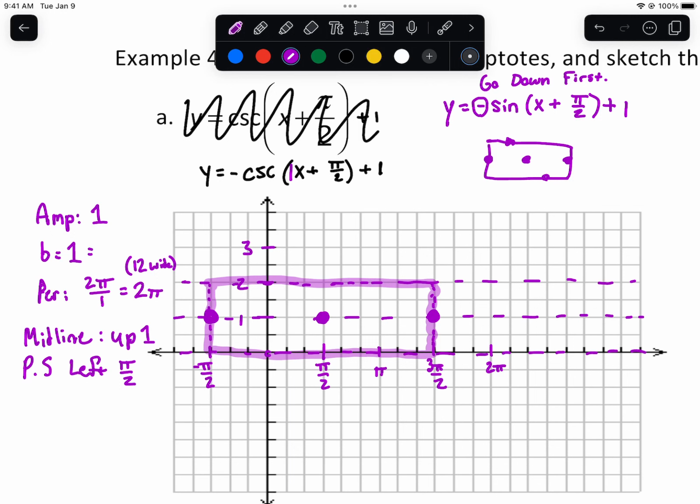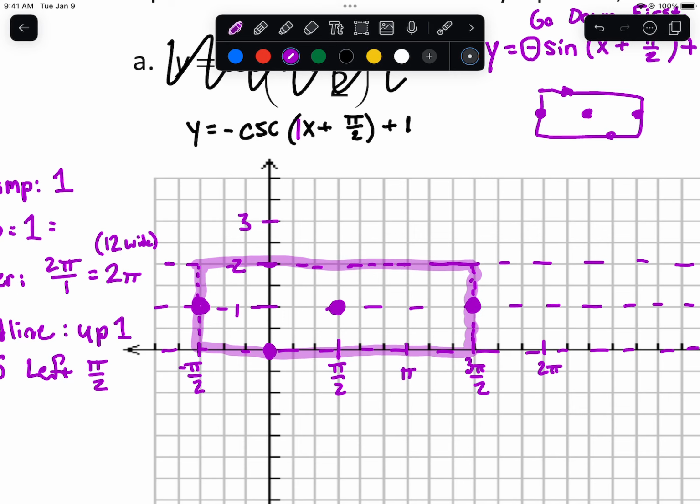So instead of going up like a typical sine graph, it's going to go down and then up, because of the reflection piece. I usually don't encourage you to actually sketch the sine curve there, but that's it.